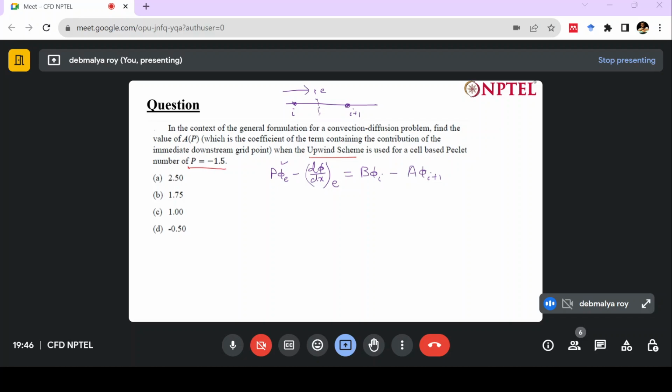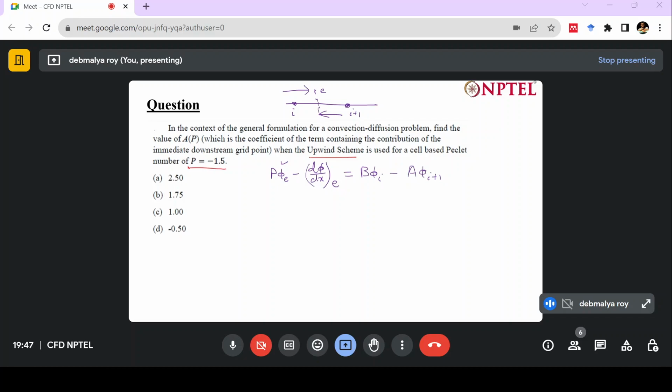It will definitely be the upstream, right? So the I value will influence the interface more if the flow direction is as shown here. If it is in the opposite direction, then the I plus 1 value will be more influential for the interface value. And that is what the upwind scheme is.